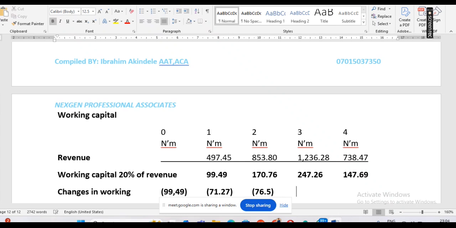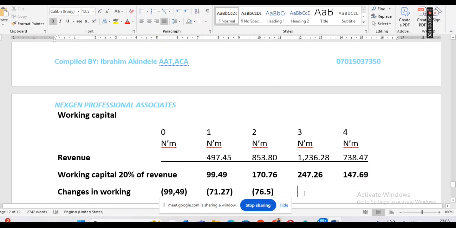So the next one is from 247 to 147.69. We've compared this; we'll compare year 1 to year 2. Okay. Now from 247 to 147.69, did it increase? 99.57.